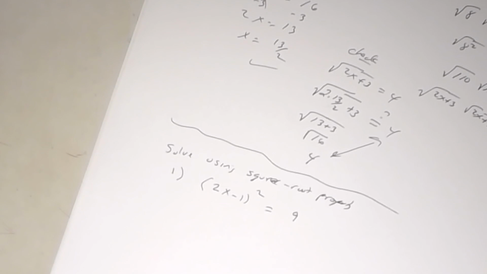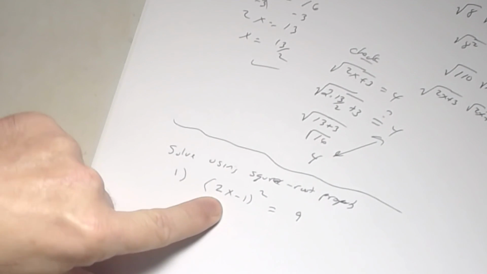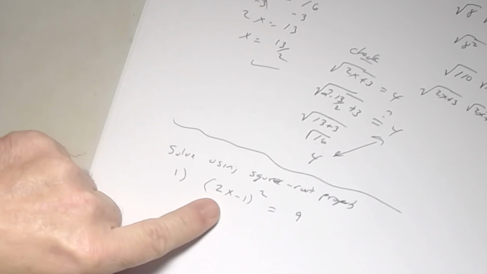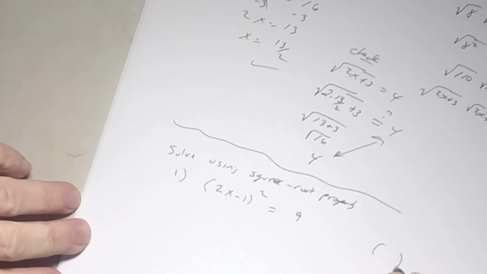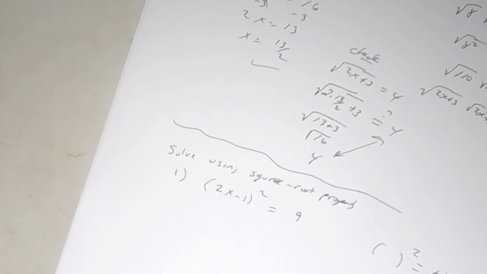No, that's not linear. That's quadratic. If you multiplied this binomial out, you would get 2x times 2x, which is 4x squared. Just quadratic. But it's in that form where you have something squared equal a number.